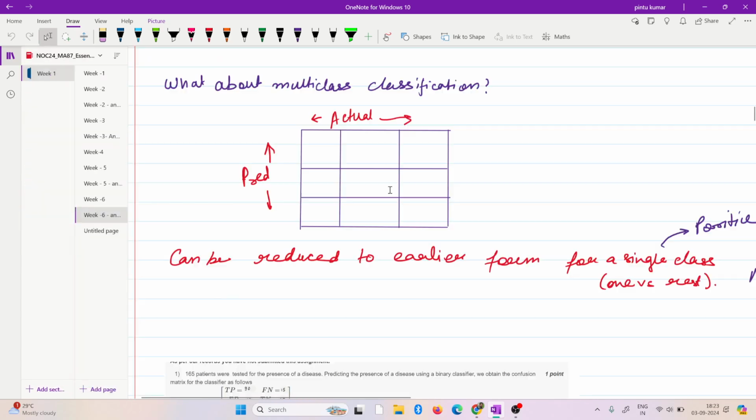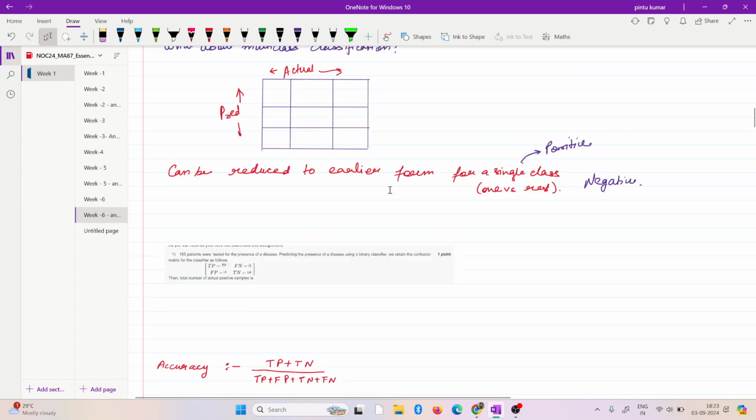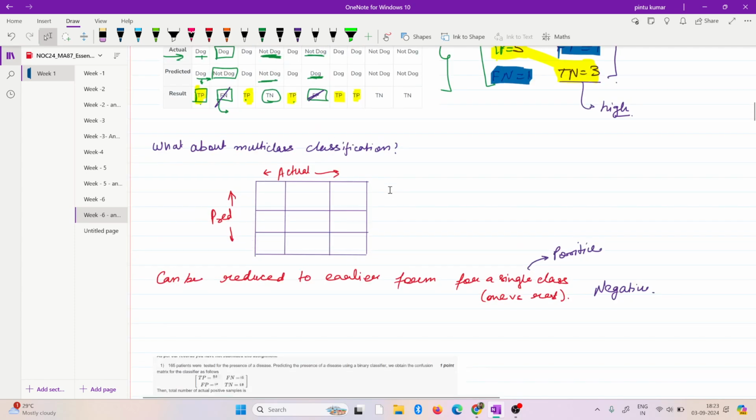I'll get to that example in a while. So let me explain what needs to be done. Let's say you have three classes: cat, dog, and rat.